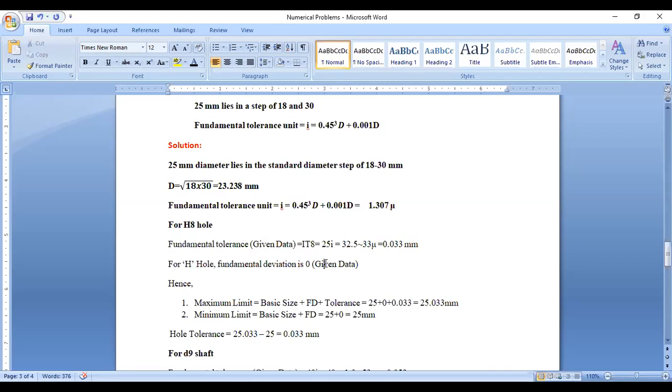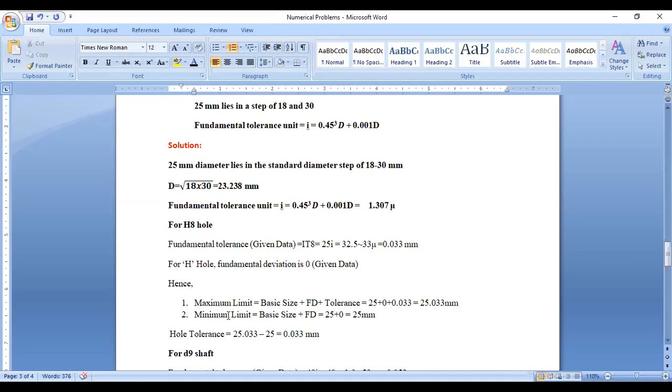And how to calculate the limits of the hole? The maximum limit will be given by basic size plus fundamental deviation plus tolerance. 25 mm is the basic size, plus 0 is the fundamental deviation of the hole, and 0.033 is the calculated tolerance. This will give you the maximum limit, that is 25.033 mm.